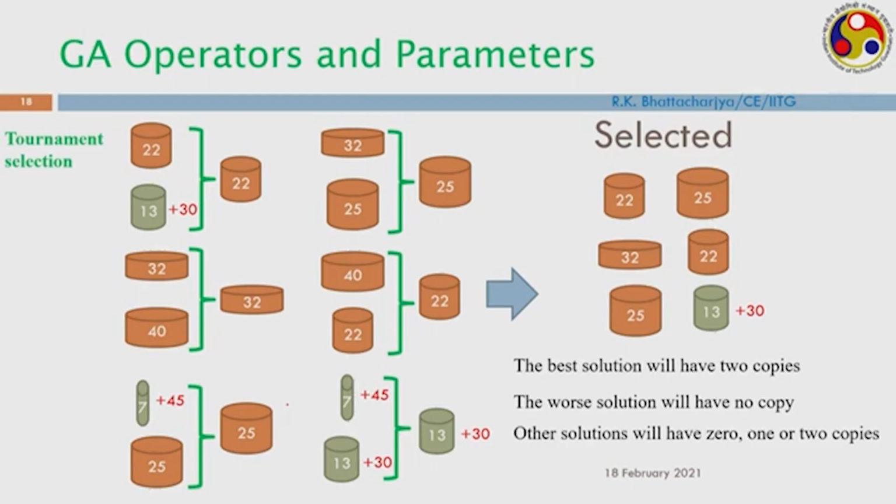In the first round I get 22, 32 and 25, and in the second round I get 25, 22 and 13. 13 is an infeasible solution, but it played with another infeasible solution and was better than that one, so it was selected. Finally, I get 6 solutions.